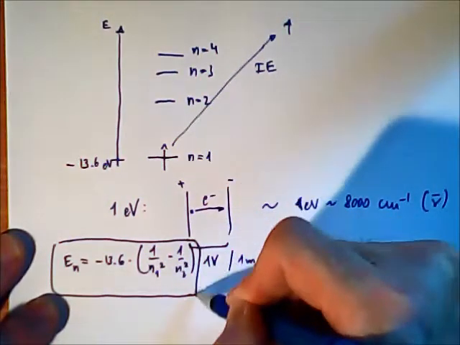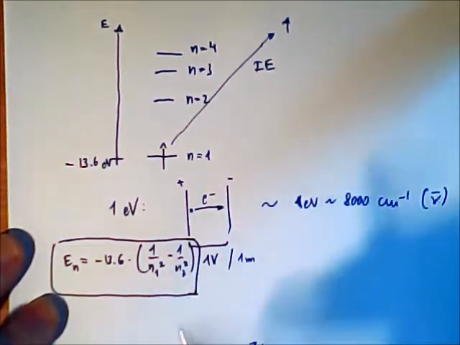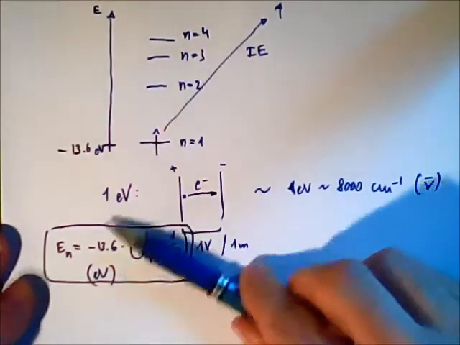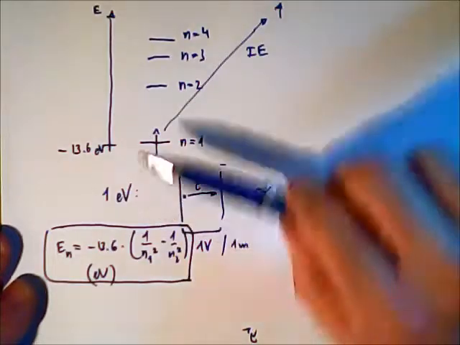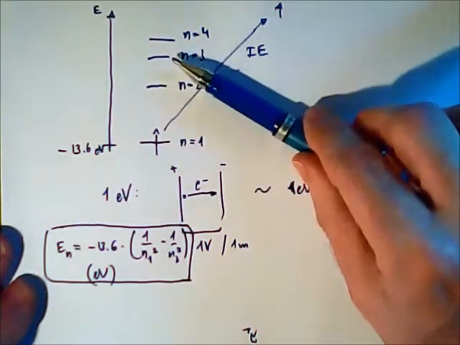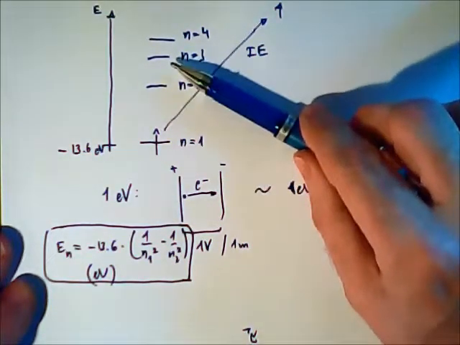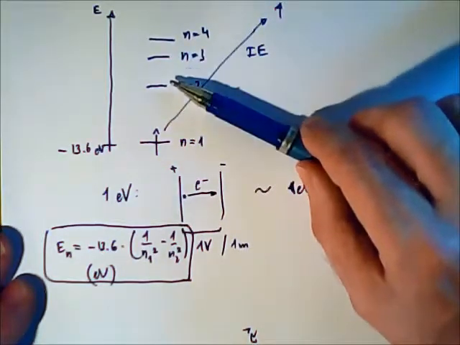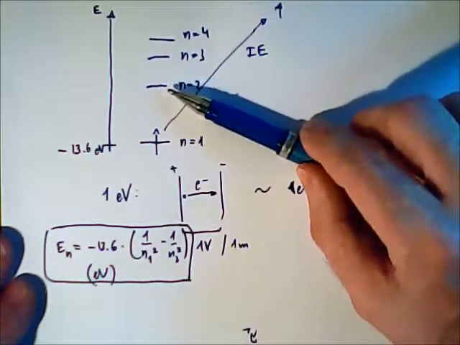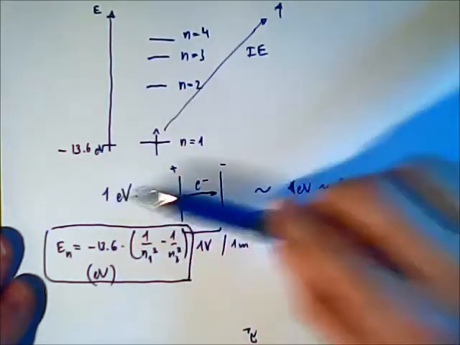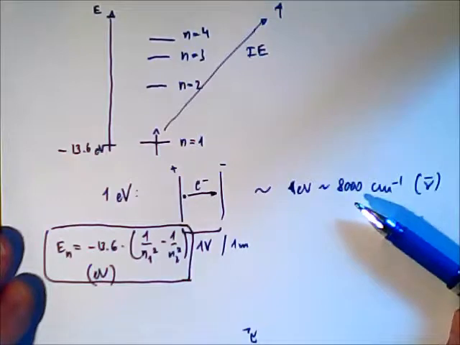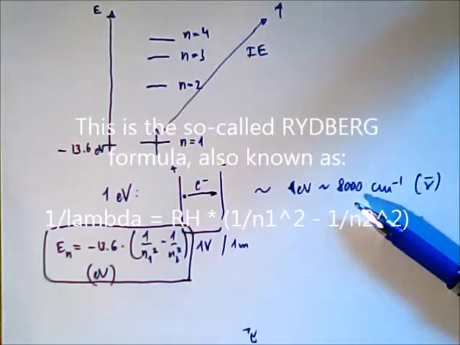This is the Rydberg formula. With this simple formula we can calculate the energy of light that comes out when 1 electron goes from level n2 down to level n1, the energy it emits, and with this formula we can calculate the wavelength that we will get from this transition.